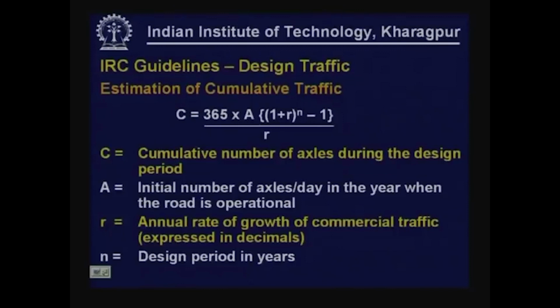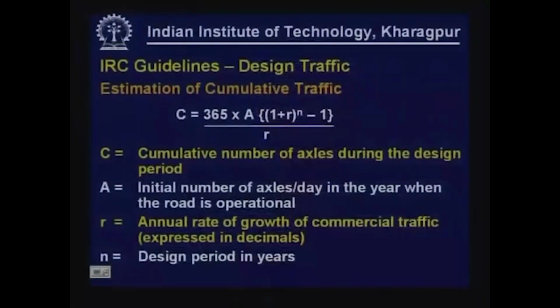It is not the number that we obtain when we conduct the traffic survey. That has to be projected to the year when the pavement is completed and ready for operation. R is the annual rate of growth of commercial traffic expressed in decimals. N is the design period in years.